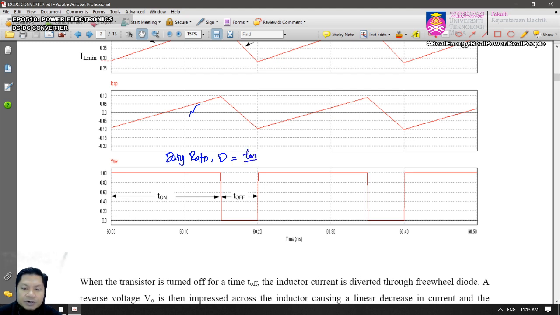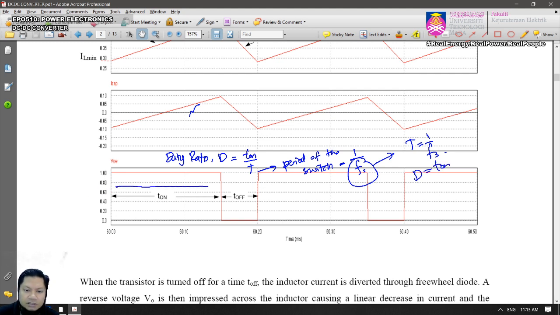It is the ratio between T on and T, where T is the period of the switch, equal to 1 over Fs, so it depends on the switching frequency. The duty ratio is T on over T, so you're looking at how long this switch is on.